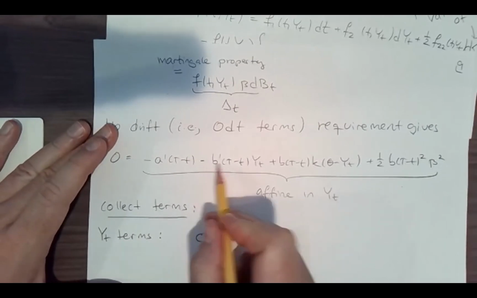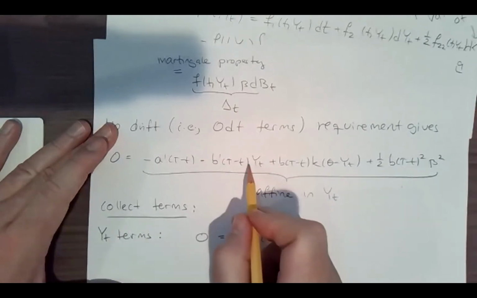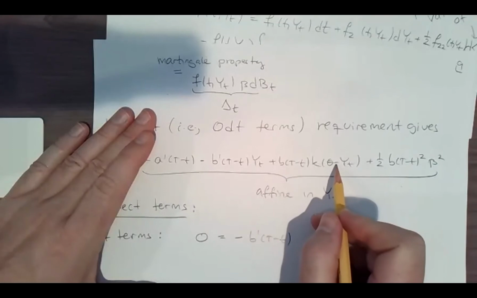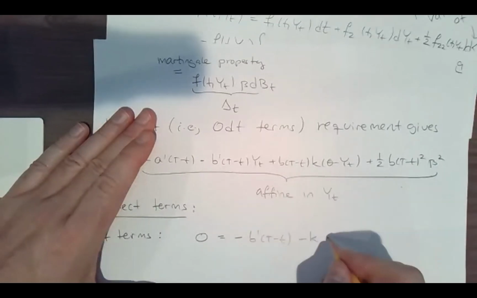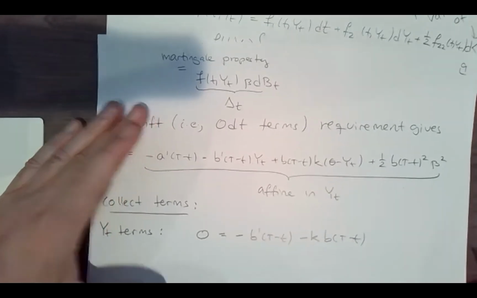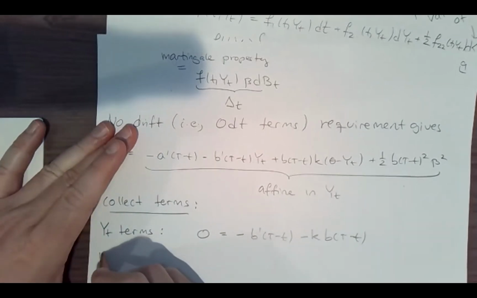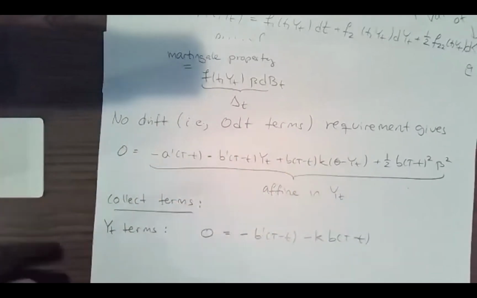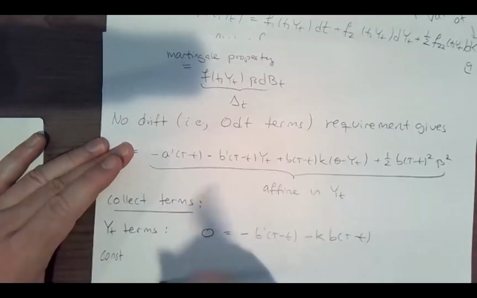So you'll have here beta prime, and here there's another one. There's a minus kappa b of t minus t, there's a y. And then the remaining terms, these are the constant terms. Maybe I should just call them remaining.